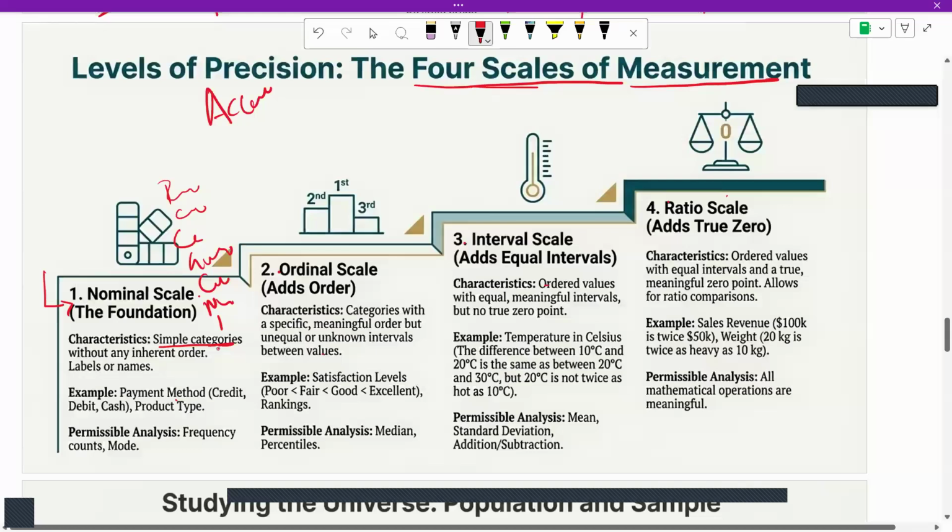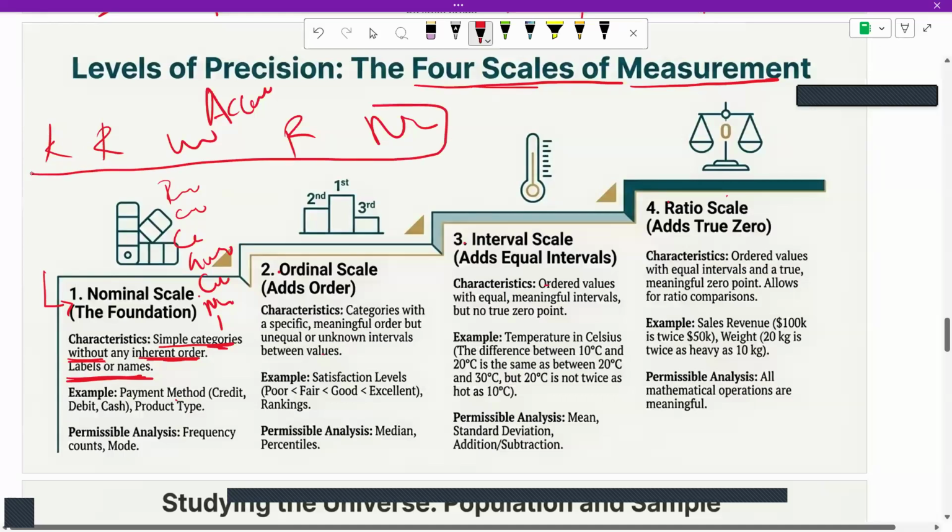Simple categories without any inherent order. For example, labels or names like Kumara, Ratnasiri, Vasanta, Pereira, Nimal. These are names. We can't give any value. We can't order these names.